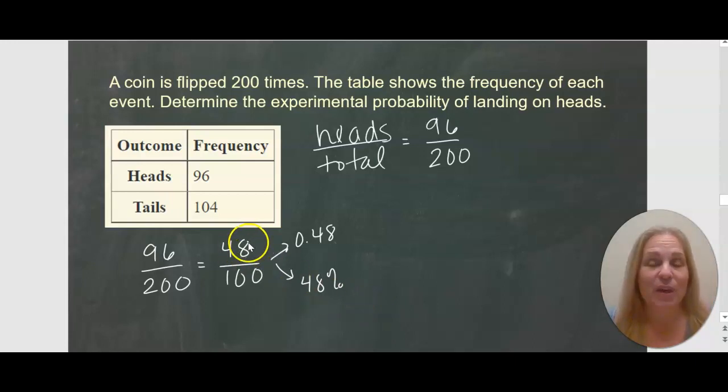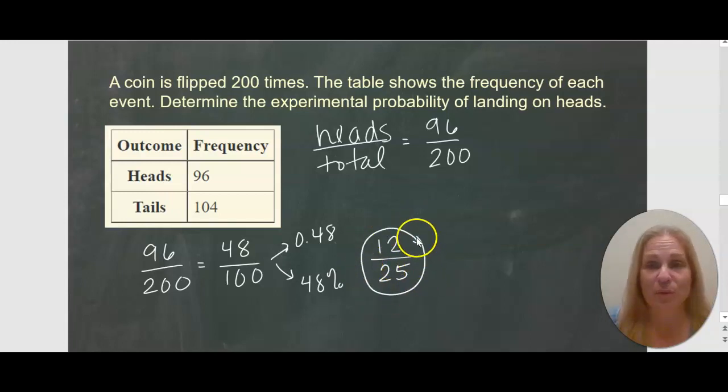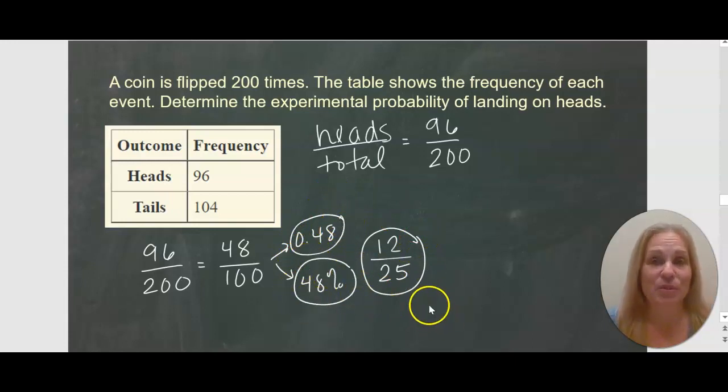So I can divide the top and bottom by 4. If I divide the top and bottom by 4, I would get 12 out of 25. And that would be simplest fraction form. This would be decimal form, and this would be the percent form of the probability.